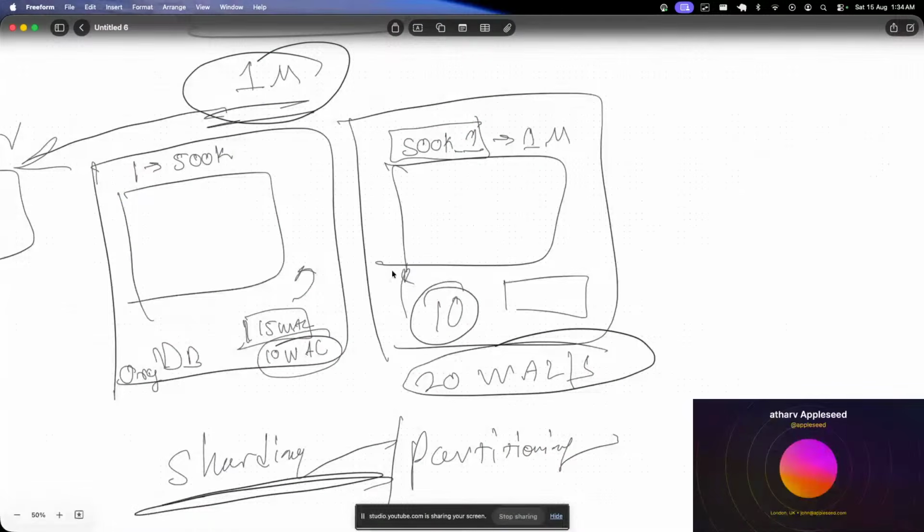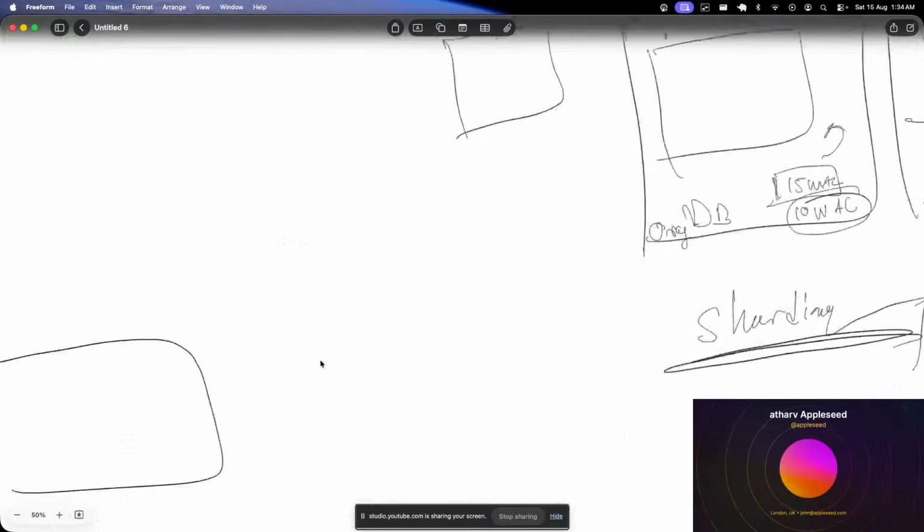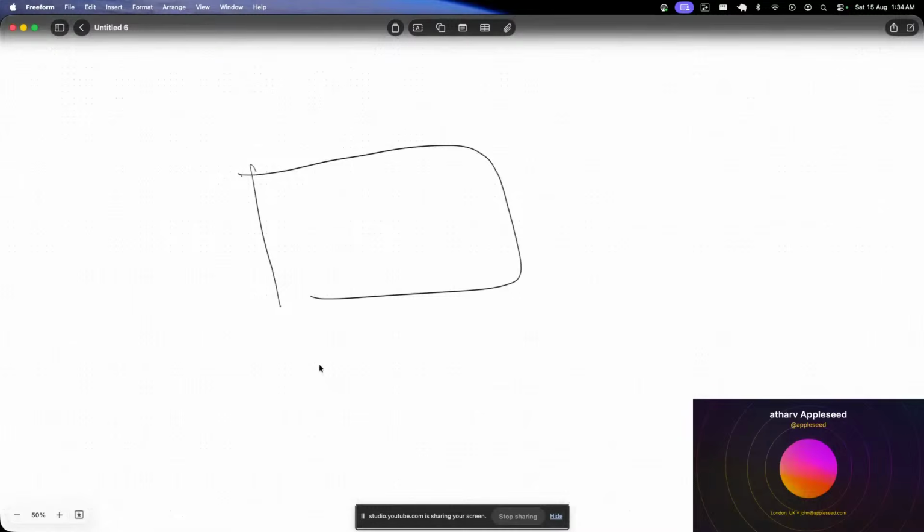So what partitioning does is we will have a single database management system or cluster, whatever we call it.